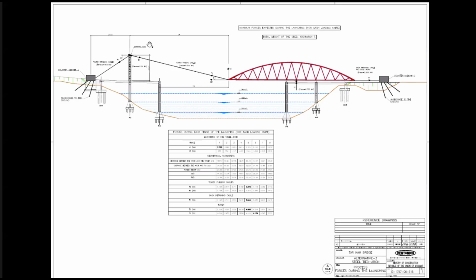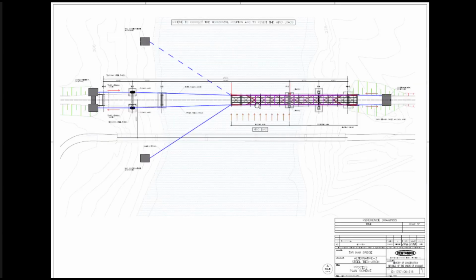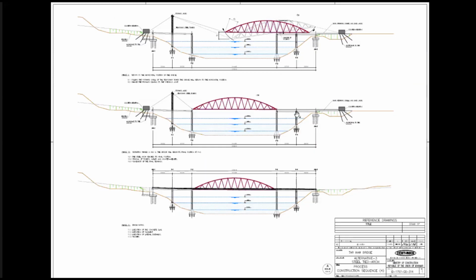You can see here, this is an intermediate stage. This is the full bowstring arch. The bowstring arch bridge is being launched, and it is being held by two towers. You can see it is tied and it is pulled into position. And when it comes nearly, you keep shortening and put it in place.